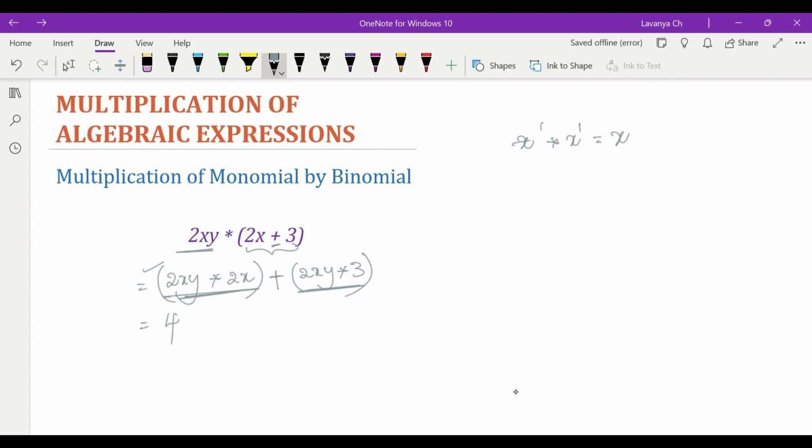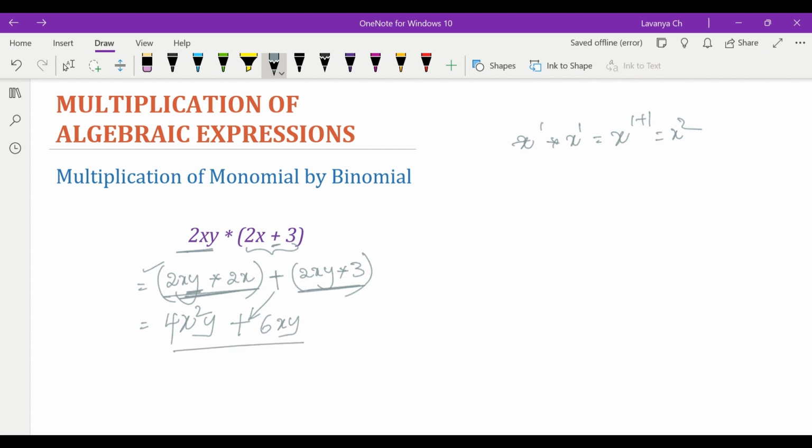For that we will have x power 1 plus 1, that is x square. Here we will write down x square. The remaining literal quotient is y here. Plus, this plus comes as it is. Here again we have a constant term. So just multiply the numerical values. 2 into 3 is 6 and xy as this.